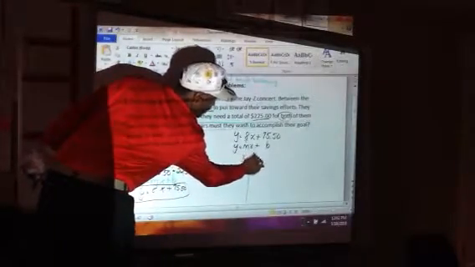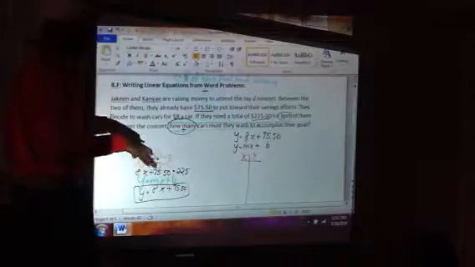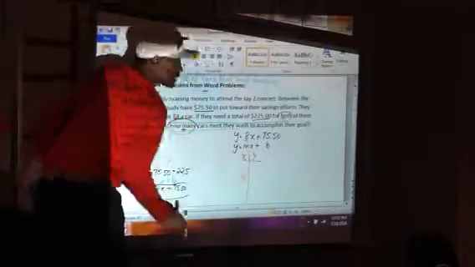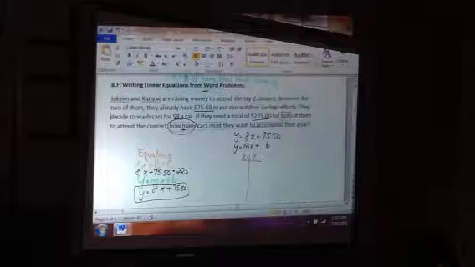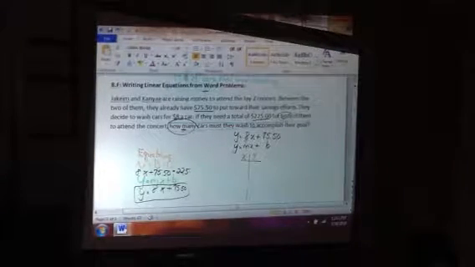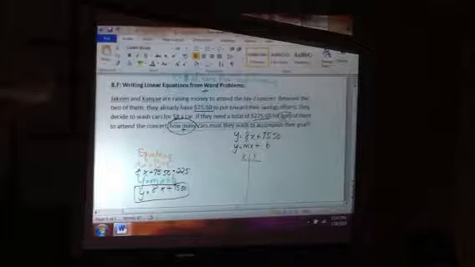Put x here and y here. Start small. Will I have any negative points? No, they're not losing money. We're talking about real life here, not just slope-intercept form. These are real life situations.